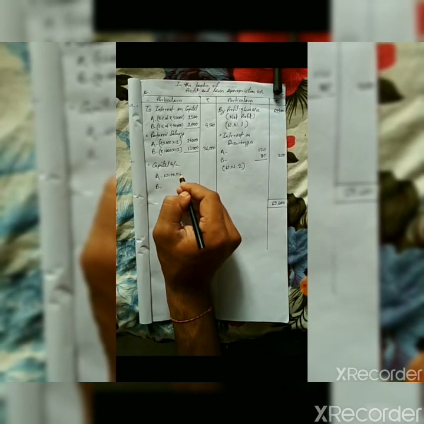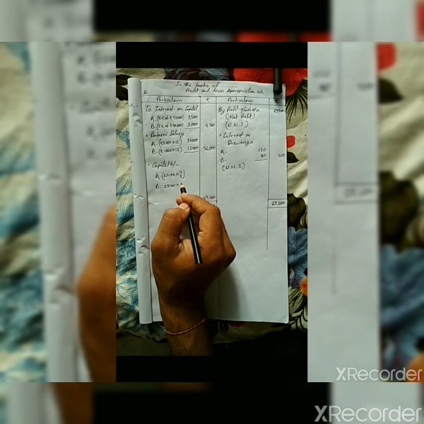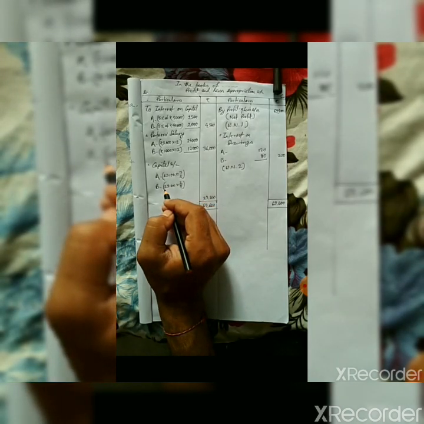Now seeing the profit sharing ratio, you have to transfer this total profit to respective partners' capital account. So A and B were sharing profit in the ratio of 3:2. You must have made this share already.